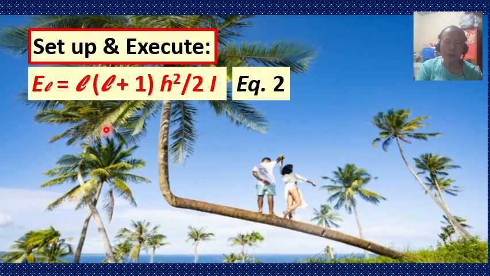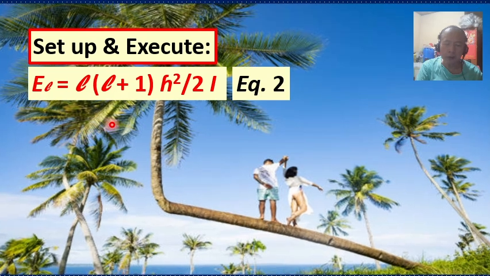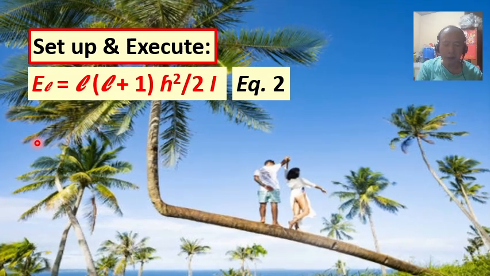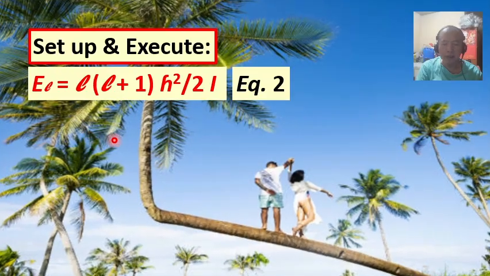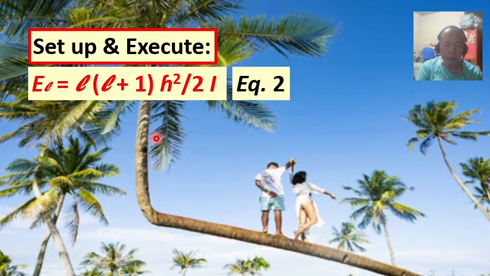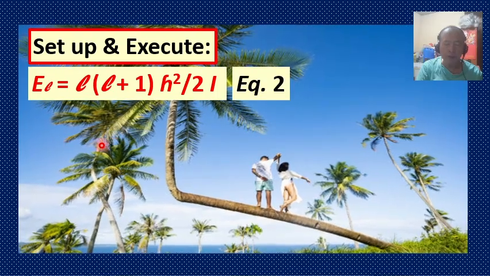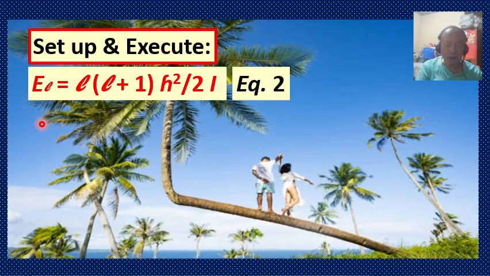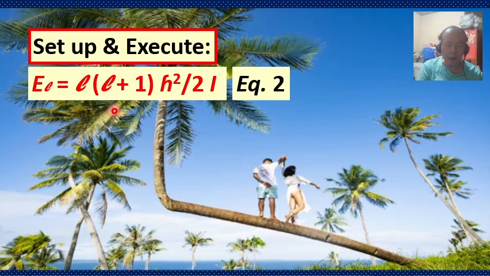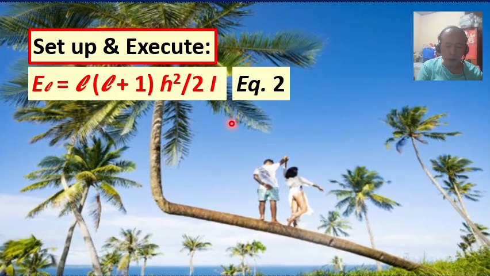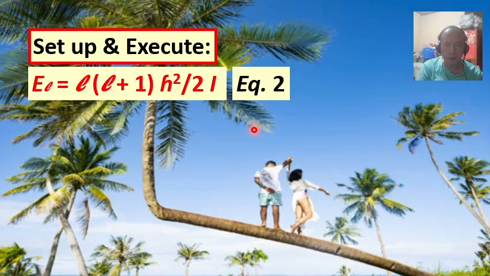The photon energy, capital E, that we computed earlier is equivalent to the energy emitted when a molecule of silicon monoxide makes a transition from the rotational level small l equals 1 to small l equals 0, right?